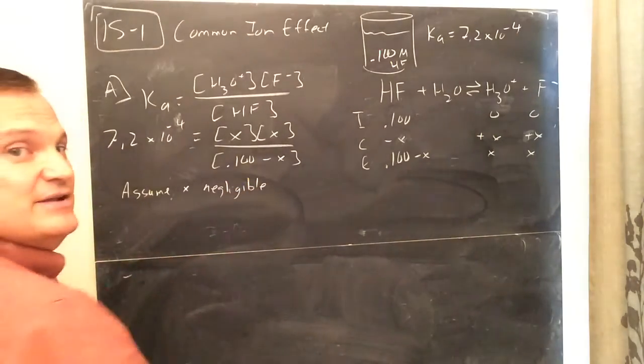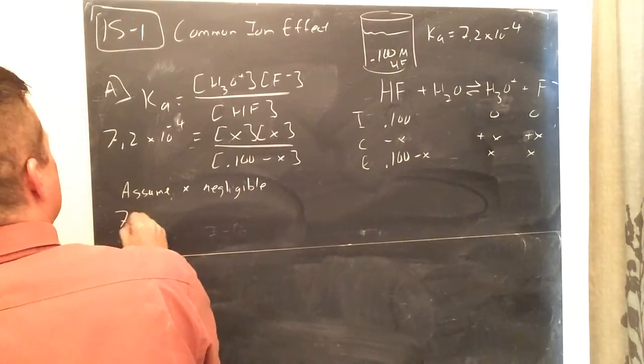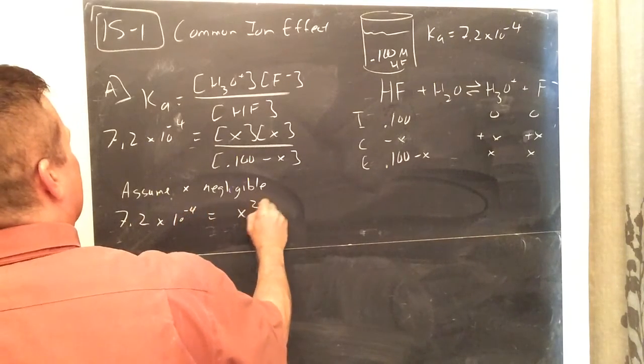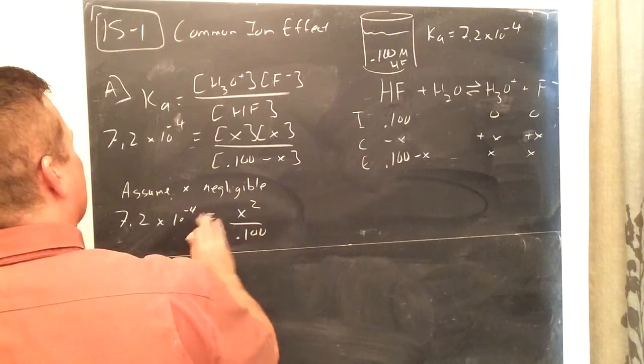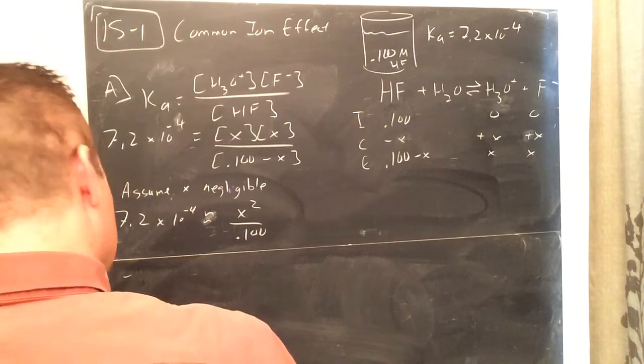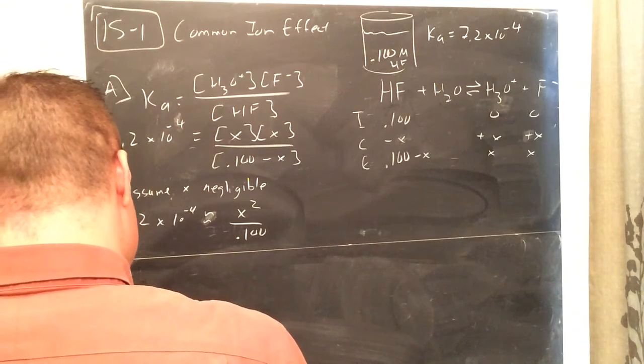Am I in a good place? Yeah, can you read that okay? All right, so 7.2 times 10 to the negative 4 equals X squared over 0.100. Oh, I always forget to put a little approximate sign, because that just makes it double safe to do it that way.